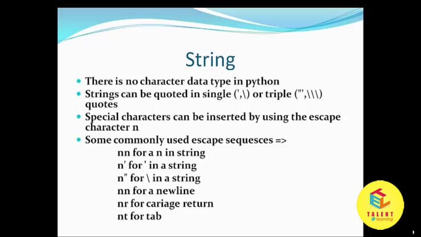Some commonly used escape sequences are double backslash for a backslash in a string, backslash single quote for a single quote in a string, backslash double quote for a double quote in a string, backslash n for a new line, backslash r for carriage return, and many more.